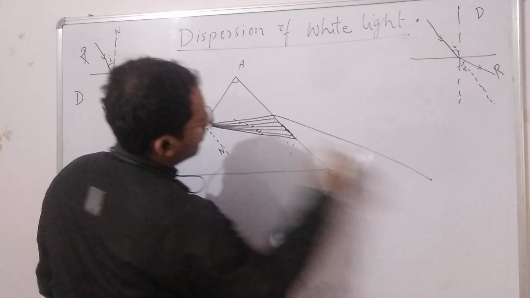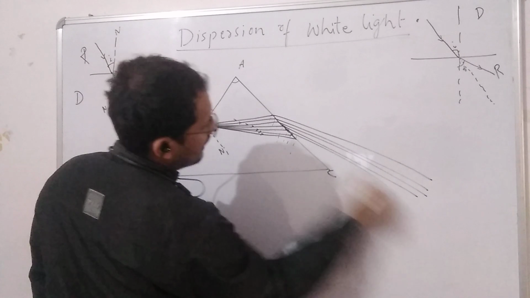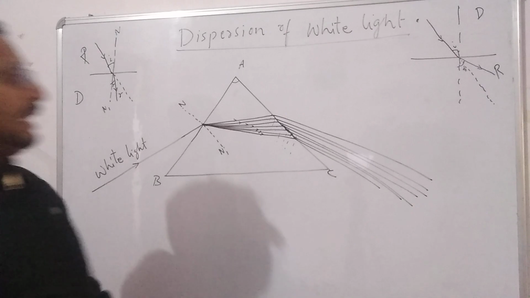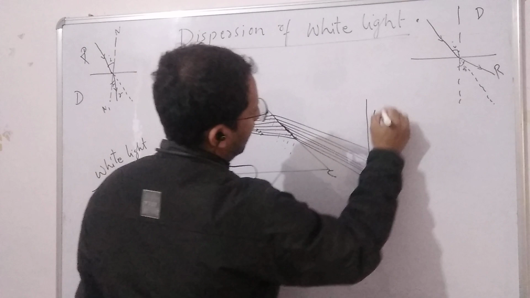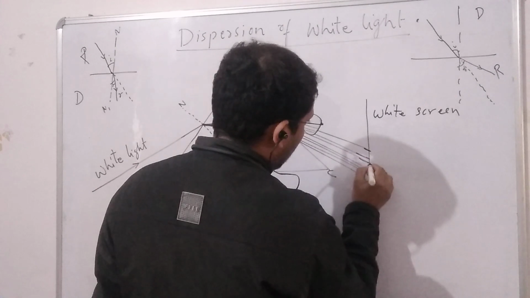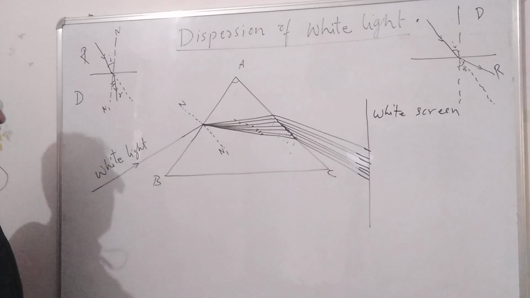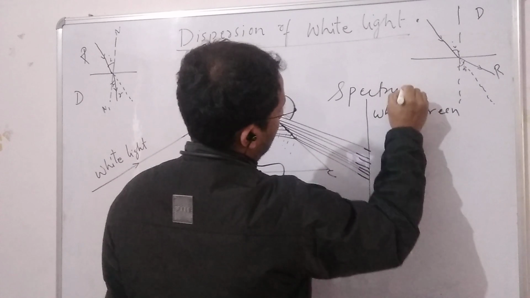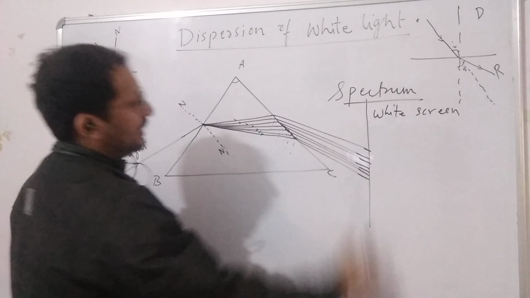It will bend towards the normal, and this ray of light which is passing here, when you let it fall on a white screen, let that be the screen here, a white screen, when this prominent color falls on this white screen, we see 7 distinct different colors here. And this phenomenon is called spectrum. That is when the 7 prominent colors actually fall on the white screen.